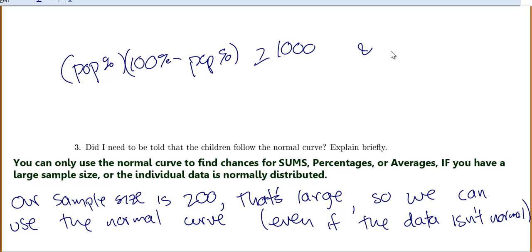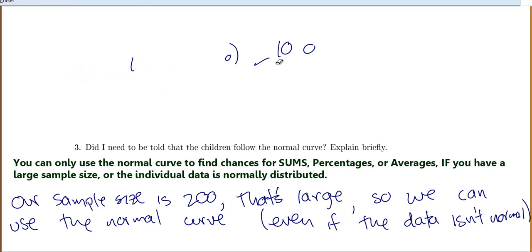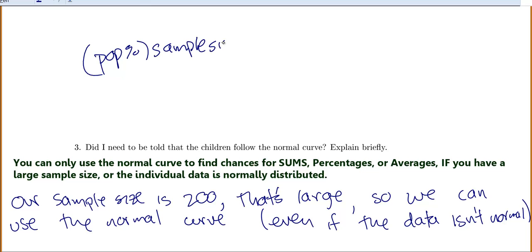And, wait, no, that's not what you check. Sorry. You have to check that your population percentage times the sample size is at least 1,000. And that your population percent times 100 minus the sample size.